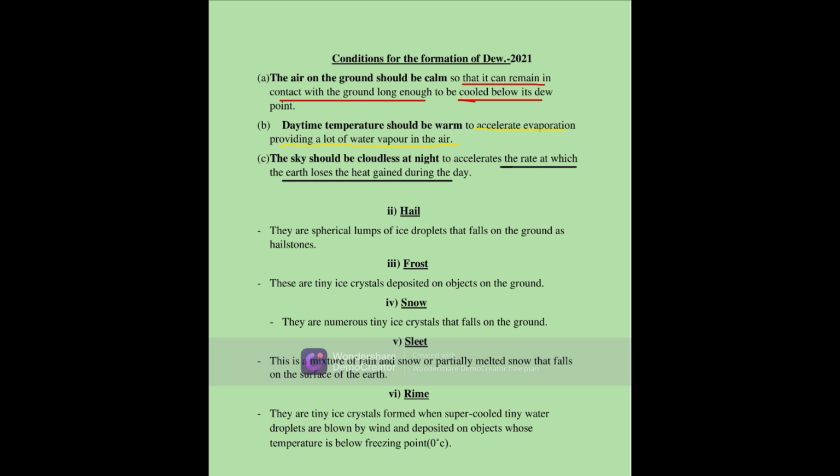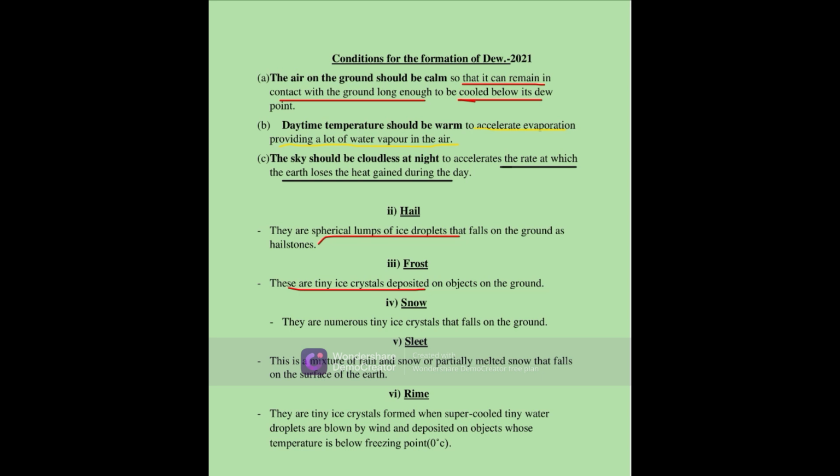Let's move to frost as another form. Frost are tiny ice crystals deposited on objects on the ground. That is frost, which is also another form of precipitation.